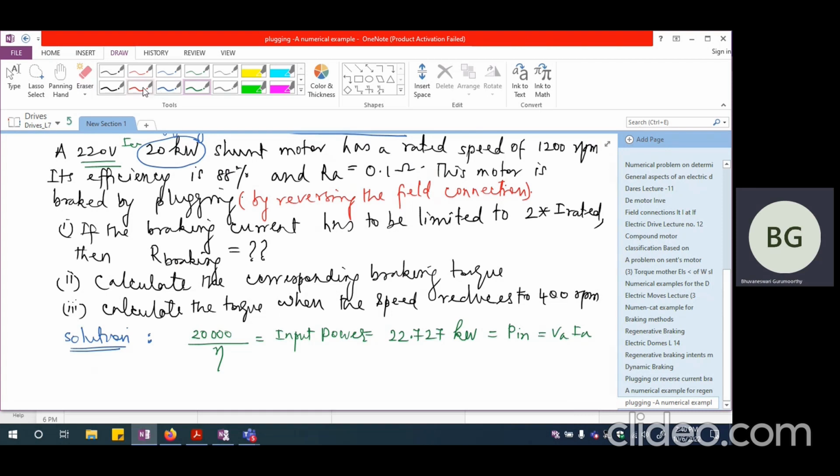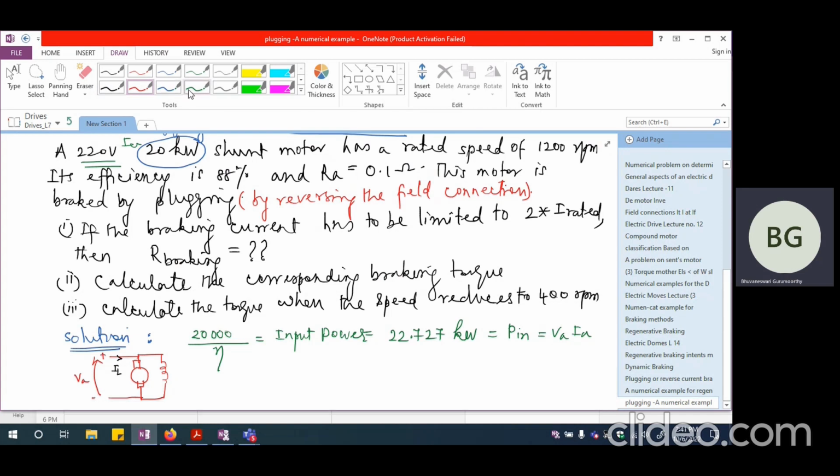And if you look at the shunt motor, if you want to be really accurate, you're going to have the armature like this and field like this. And the total current drawn from the power supply, if I say this is IL, and let us say this is going to be VA, what I have connected here is VA with plus here and minus here.